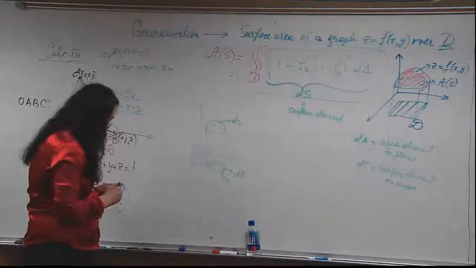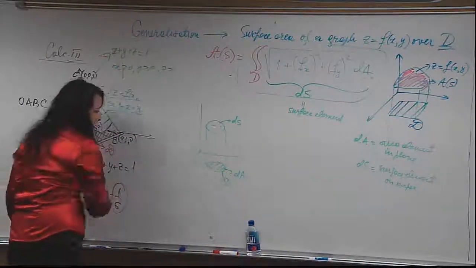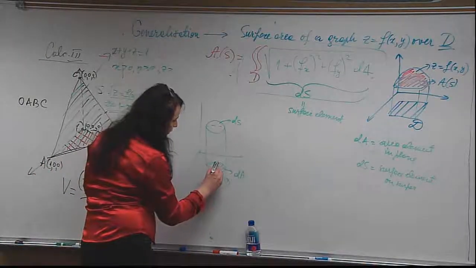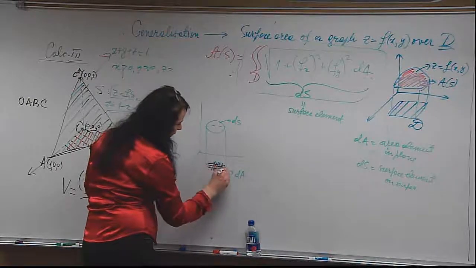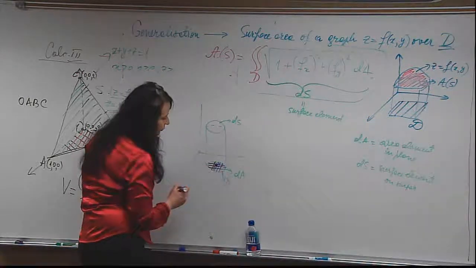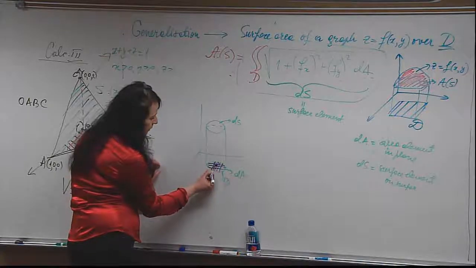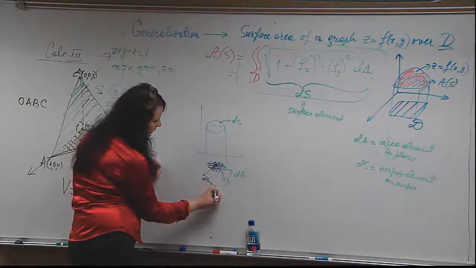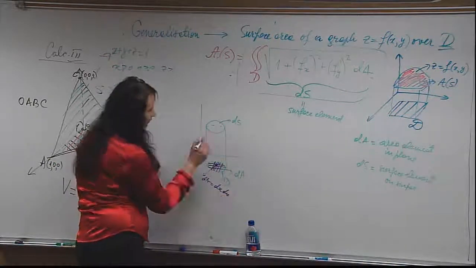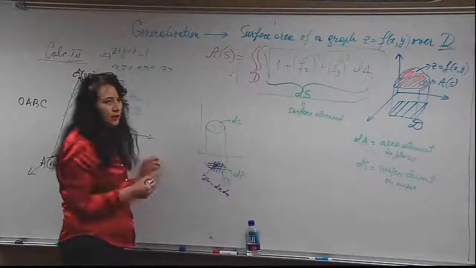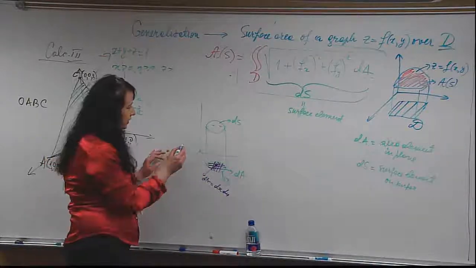What do you mean by that? Okay, imagine this grid of pixels that become smaller and smaller and smaller. Take one pixel only and make it infinitesimally small. That's going to be dA, dx times dy. What is the corresponding pixel on the round surface?